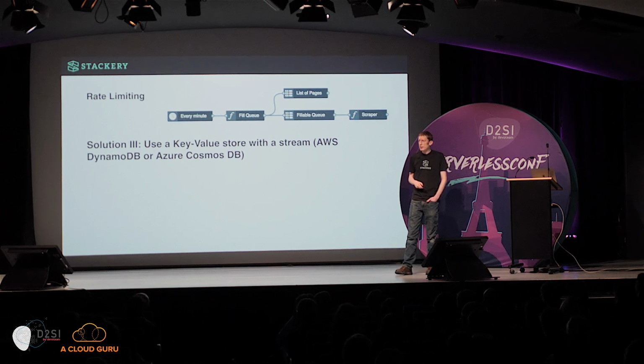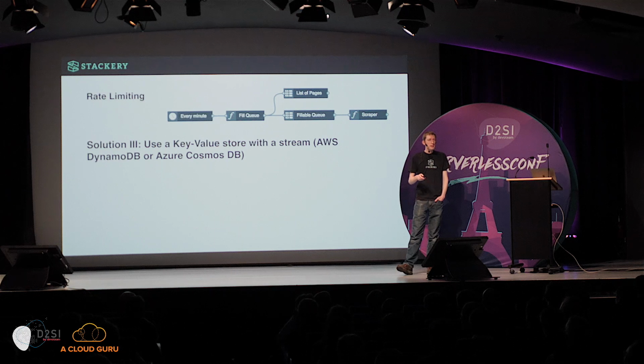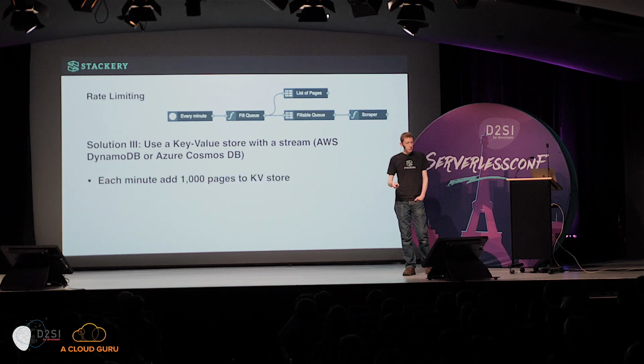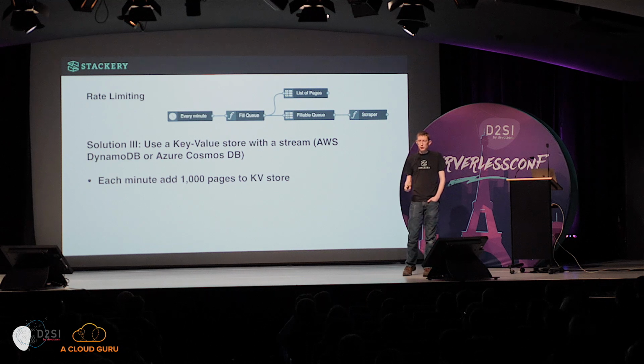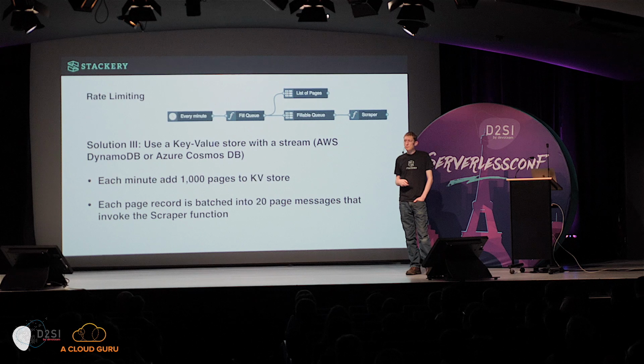In this case, AWS DynamoDB and Azure Cosmos DB are great solutions. As you add records to them, they spawn off messages onto this stream that can then be connected directly to invoke a function. So the way this works is every minute we're going to add 1,000 pages to our key value store. Each page is batched into 20-page messages that then invoke the scraper function.